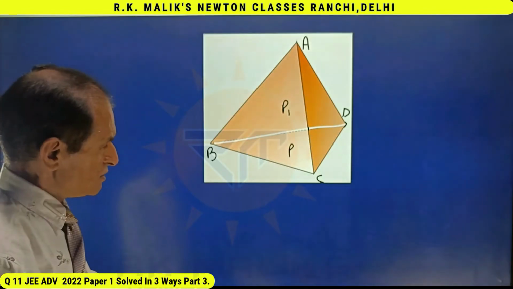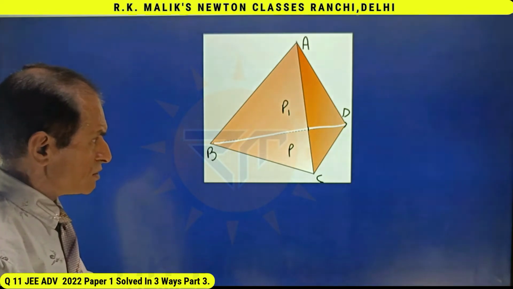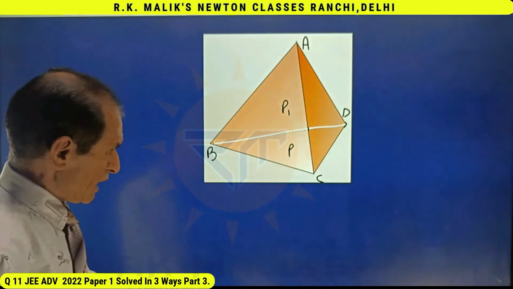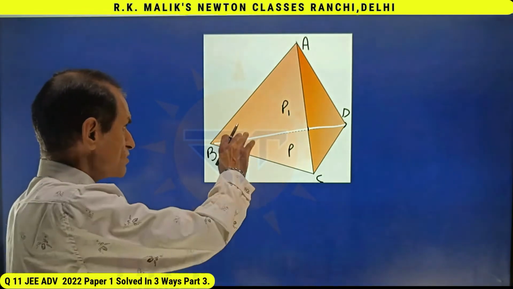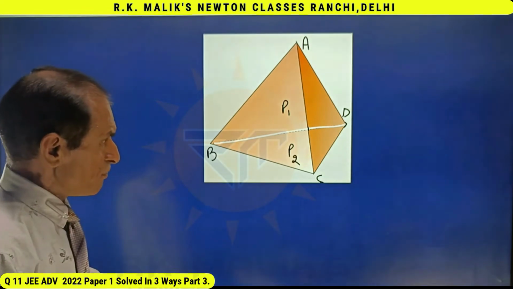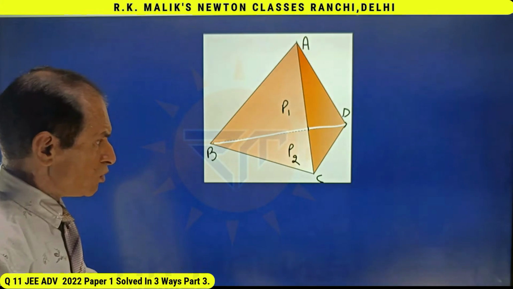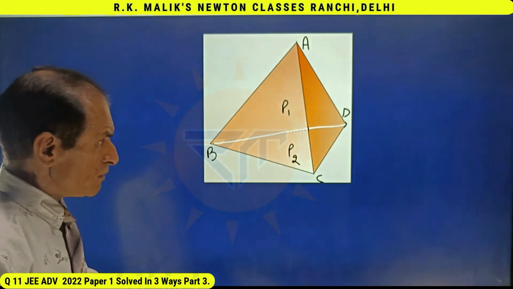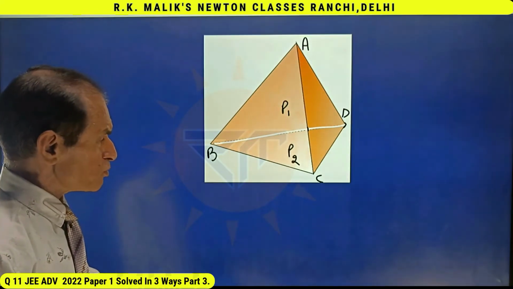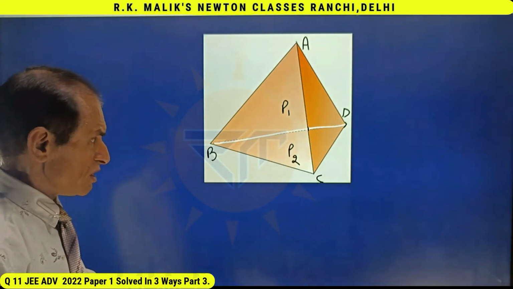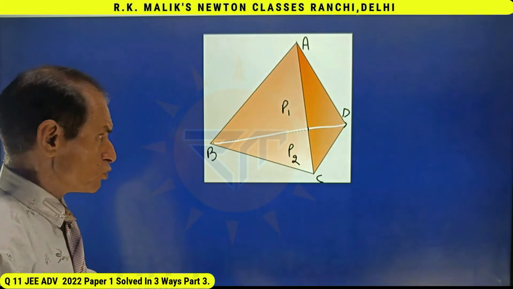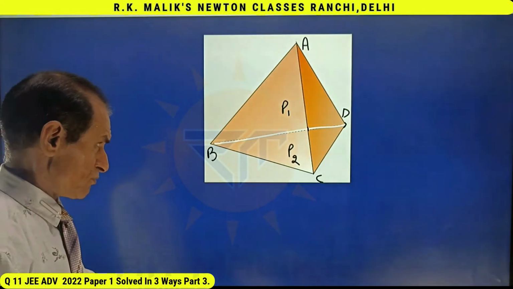If it is not possible to find the value of lambda, it means this line and this line are non-coplanar. Hence, out of the given lines, only that line can become the edge of the tetrahedron if that line is lying in the plane P1 only or P2 only, or cuts both P1 and P2 at two different points, as I have already told you in the very beginning also.